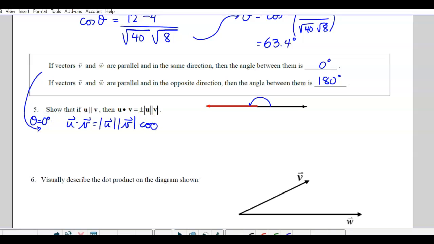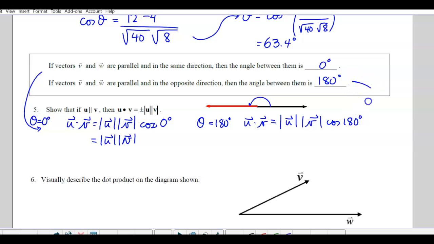We have cos of 0 degrees, which is 1. So that's just going to equal the positive product of the magnitudes. Then if we have theta equals 180 degrees, the angle between them is 180.